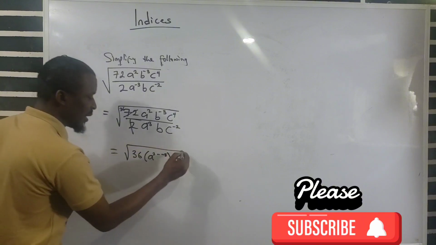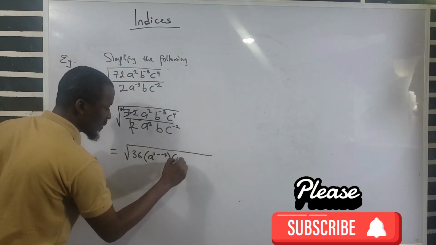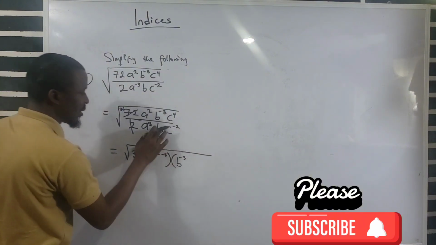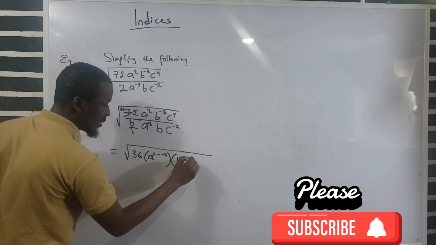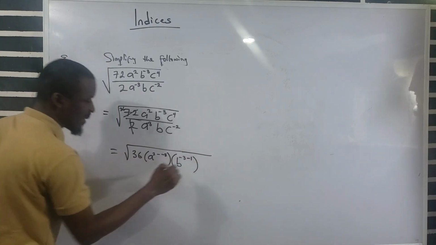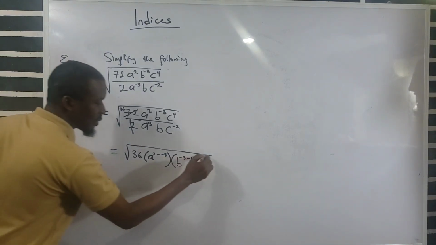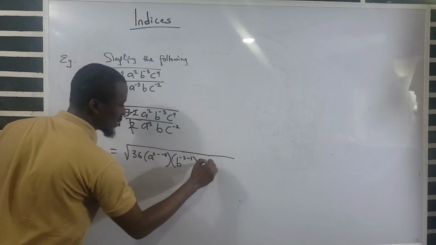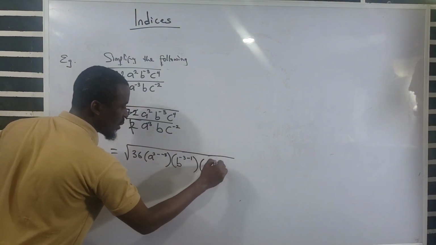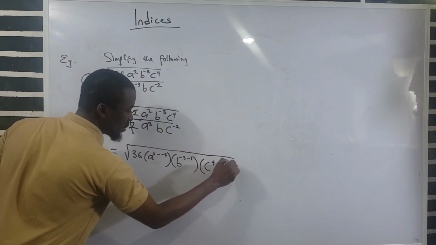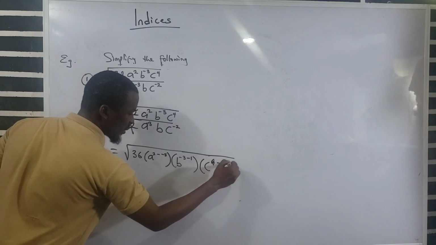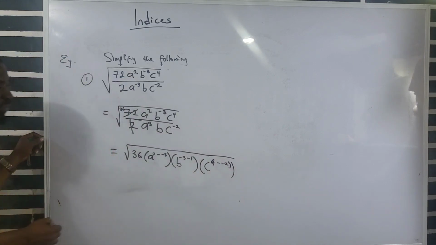Now coming to B. B will give us B minus 3. This will give us minus 1. That's my B. Now let's go to C. C will give us C 4 minus 2. Okay, so that's our C.